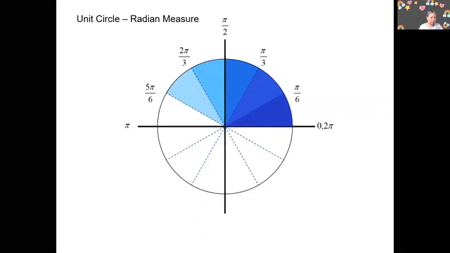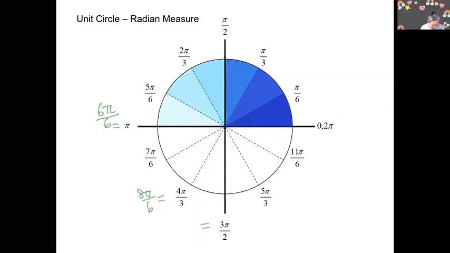And one more, that means we have a total of 6 pieces of pi over 6, and it's simplified to be pi. And we can go further. One more will be 7 pi over 6, and this is 8 pi over 6, reduced to 4 pi over 3.